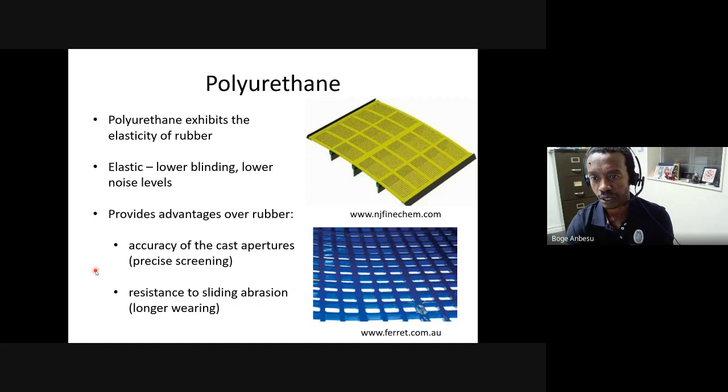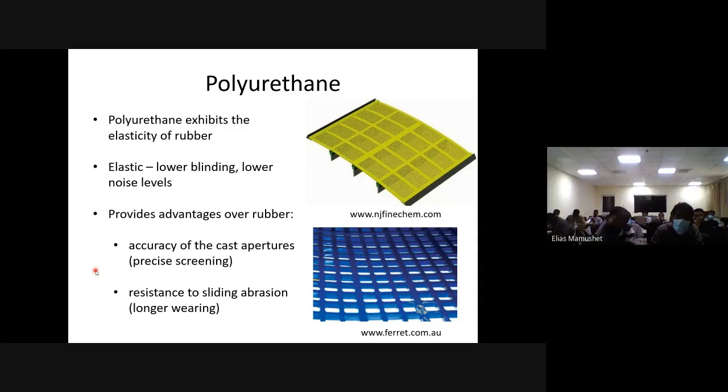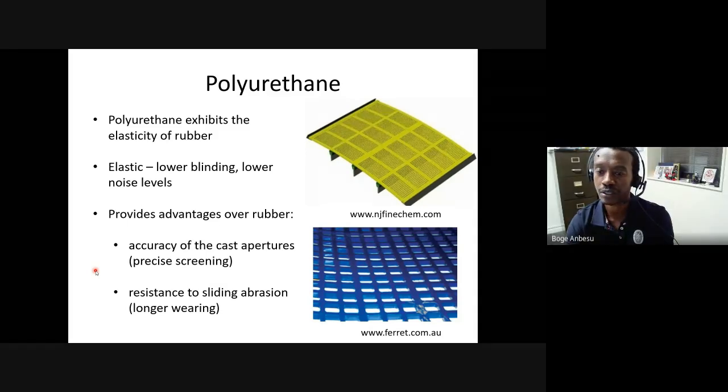So it stretches. When it stretches, the particle will pass through. So that's why we say it has lower blinding ability. It doesn't blind very quickly, it doesn't block very quickly. Even if something was blocking it, particles can pass through.